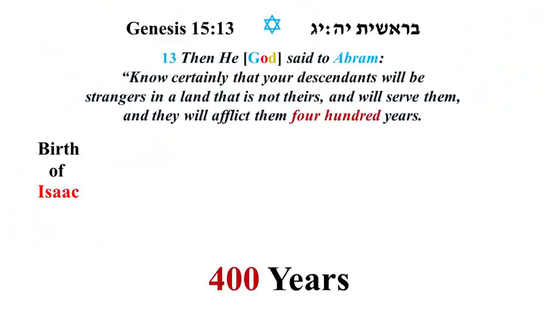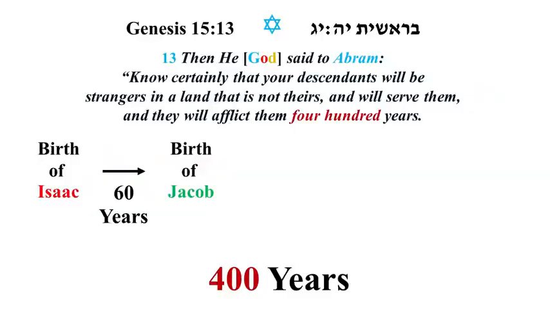If you begin the prophecy at the birth of Isaac, because Isaac, he would be a descendant, right? He's Abraham's son, and he would be a stranger in a land that is not theirs. The promised land is not given to them until they return from Egypt. Then it's the promised land. So Isaac qualifies as a stranger in a land that is not his. Okay? So maybe the affliction starts right there, 400 years.